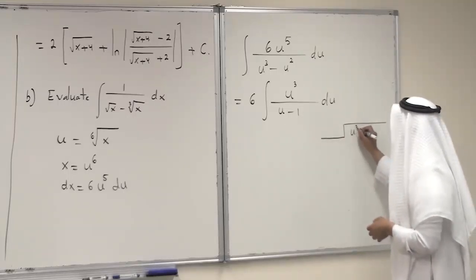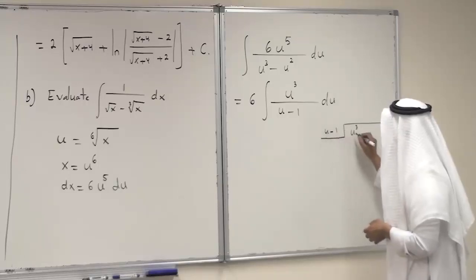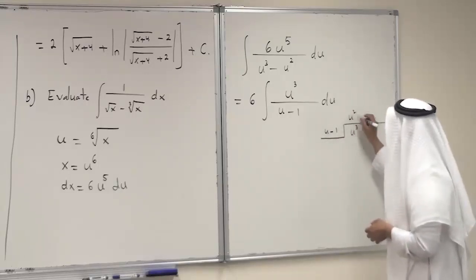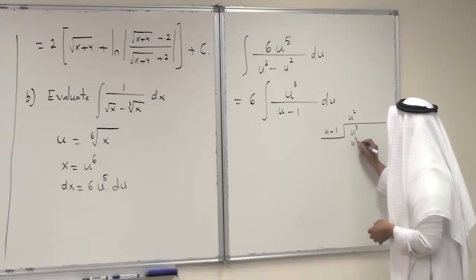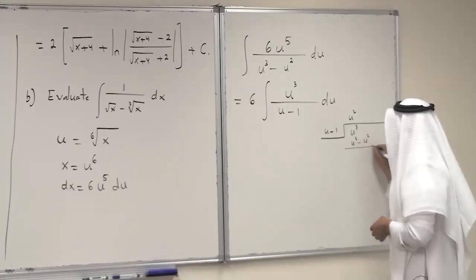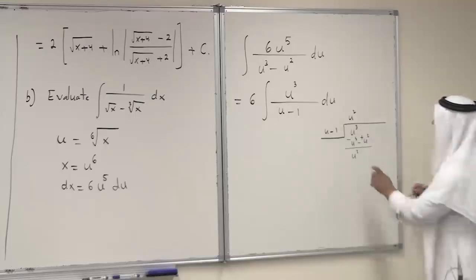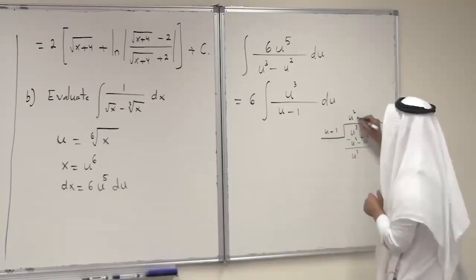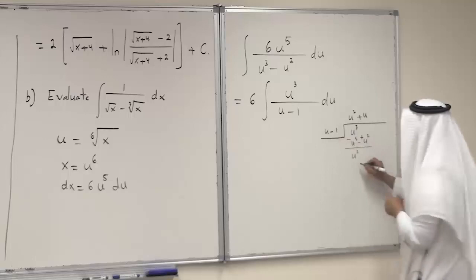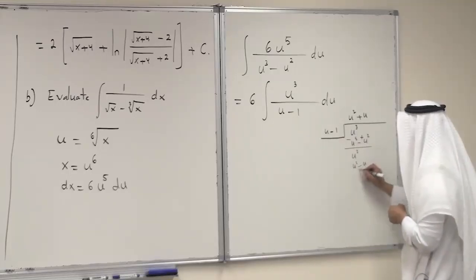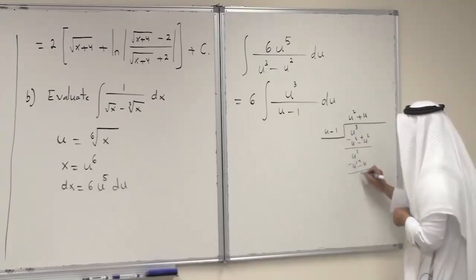So I will write here u cubed, and here u minus 1. If you divide, you get u squared. If you multiply, you get u cubed minus u squared. Changing the signs and adding, you get u squared. Still, you can divide. u squared divided by u gives plus u. u times u minus 1 is u squared minus u. Changing the signs, we get u.